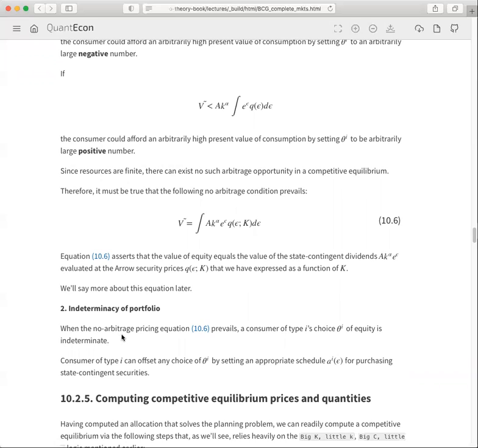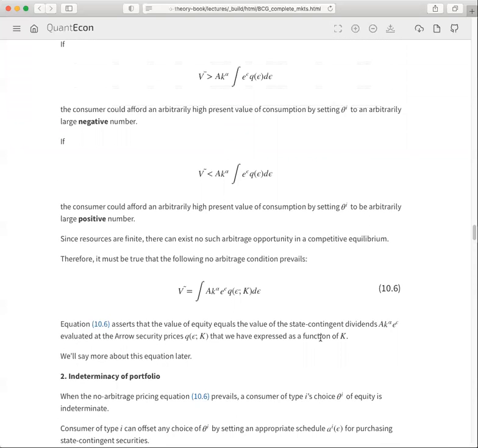So when this no arbitrage pricing equation prevails, a consumer's choice of theta i of equity is indeterminate, because the consumer can offset different choices of theta i by an appropriate schedule of purchasing or selling Arrow state securities.